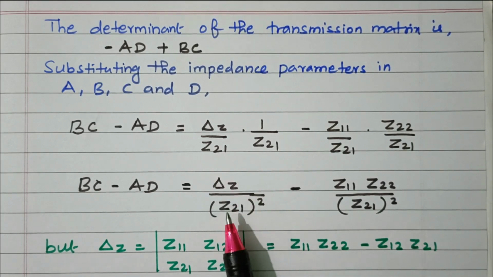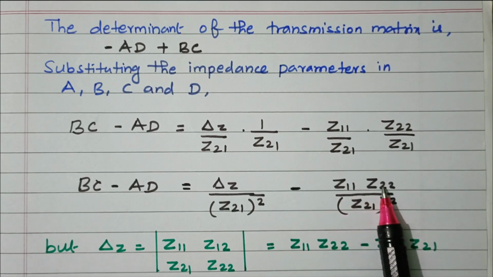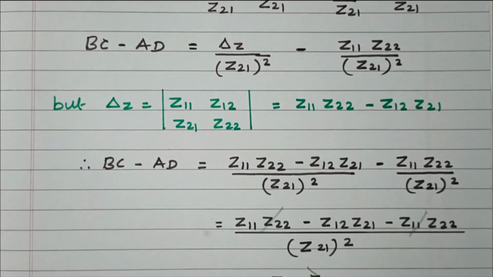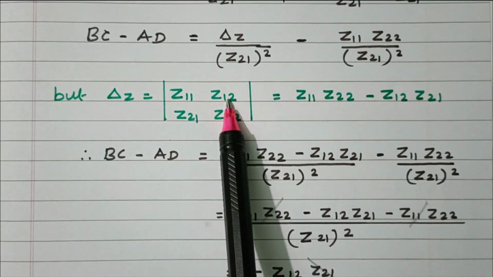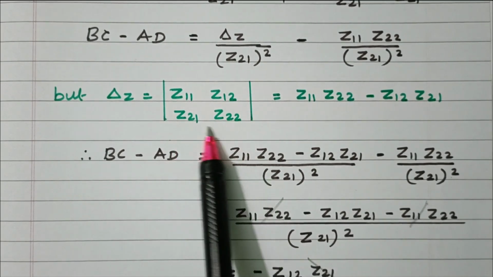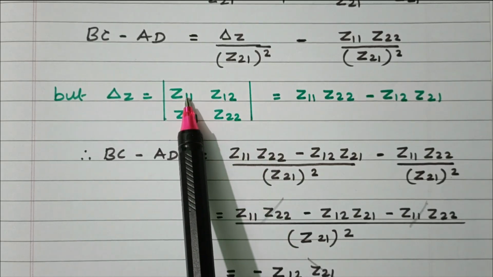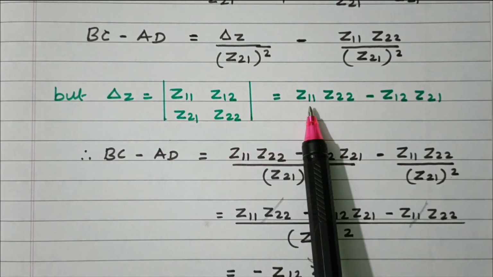Z21 is available 2 times. So delta Z divided by Z21 square. Here also Z21 is available 2 times. So Z11 into Z22 divided by Z21 square. Right. Now what is the delta Z? Delta Z is nothing but the determinant of the Z matrix: Z11, Z12, Z21, Z22. So you have to cross multiply these two minus these two.